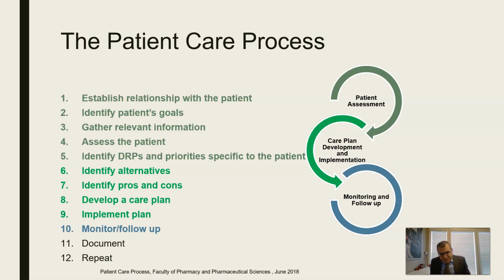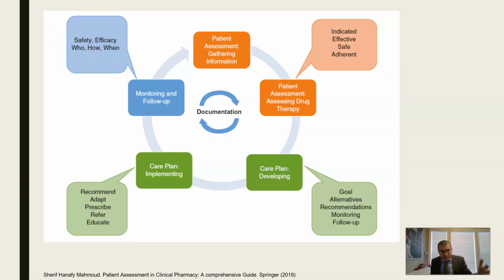That's a simple example. And of course, in each stage, you need to document and then you repeat that process. So it's kind of a cycle, as you see here. The cycle starts from the top, patient assessment, gathering information, and then you assess the drug therapy problems, and after that you do the care plan, which is developing and implementing the care plan, and then monitoring and follow up.